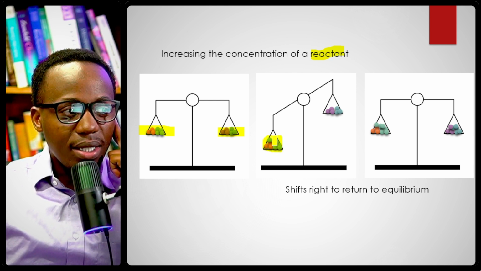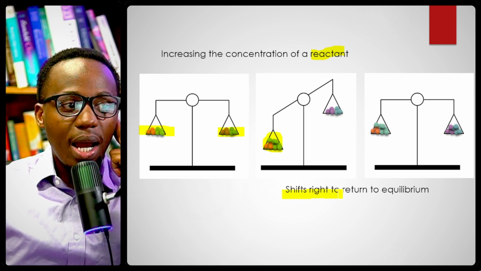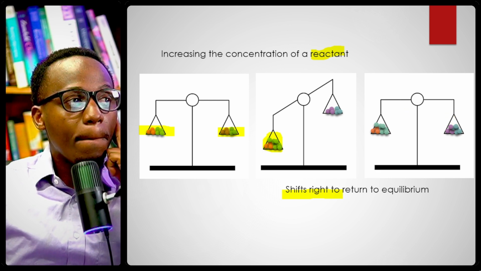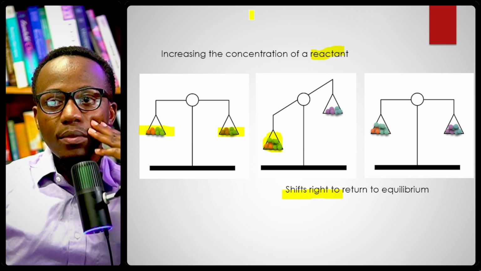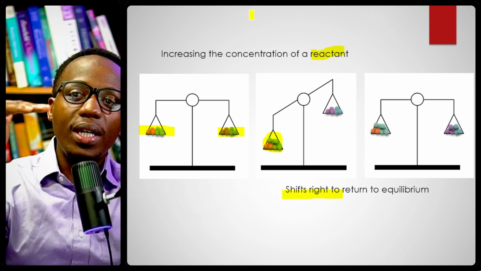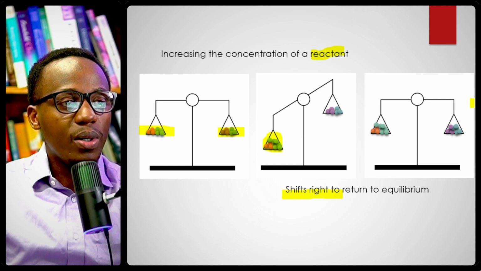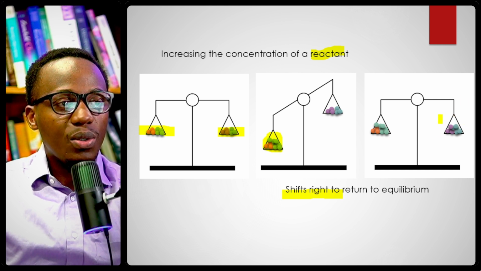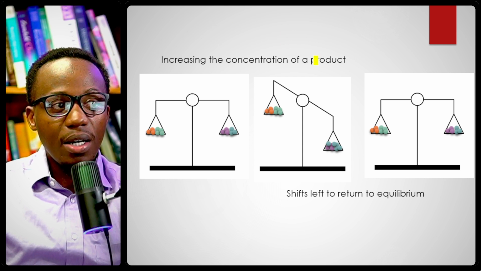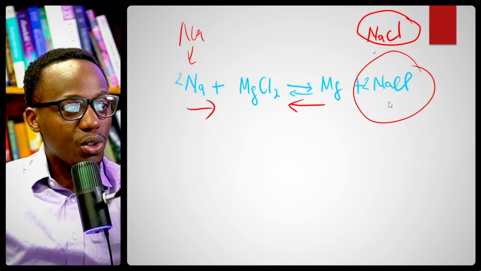You add the reactant here, then it's going to shift to the right to return to equilibrium. It's going to add more product so that we shift back toward equilibrium, right? If you increase the concentration of the product like we did earlier, then it's going to shift to the left. This is what I was showing you here.